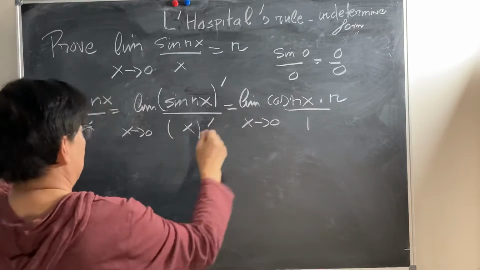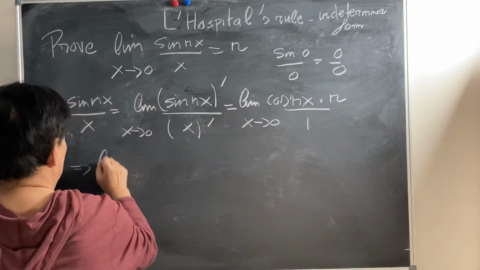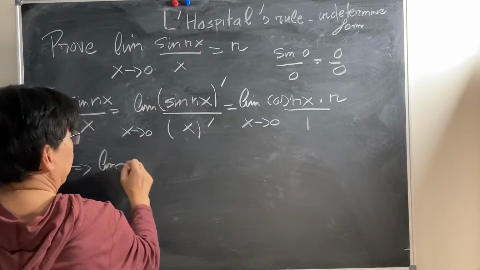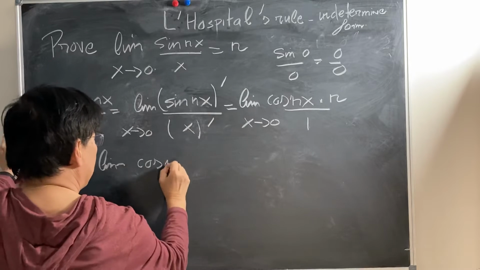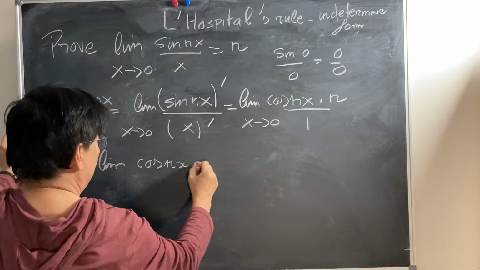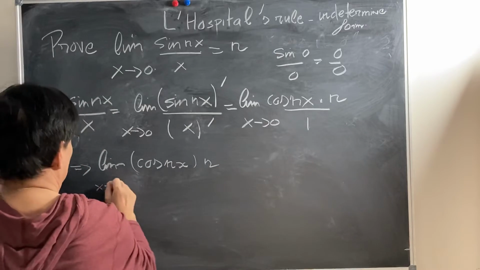So it will equal the limit of cosine nx times n, because the 1 is gone, as x goes to 0.